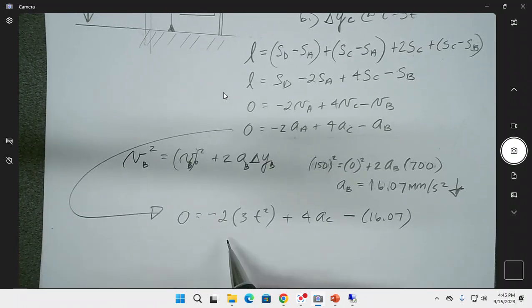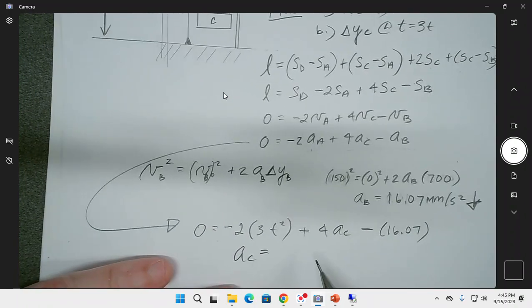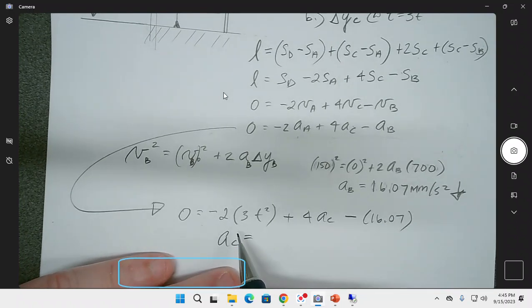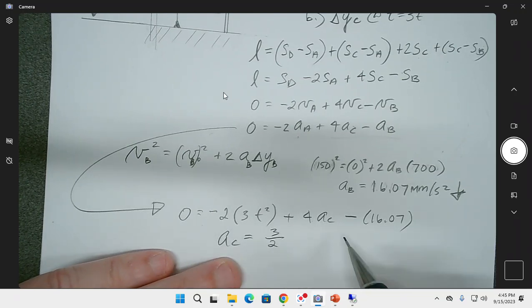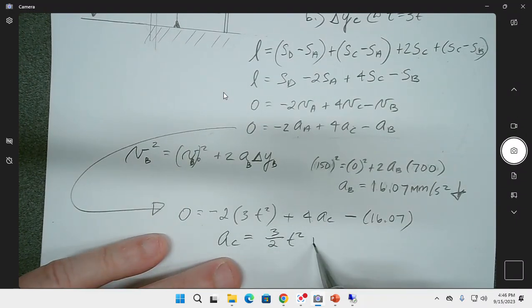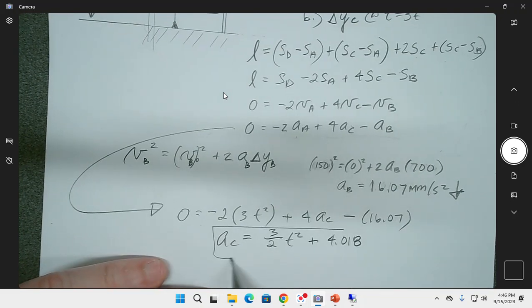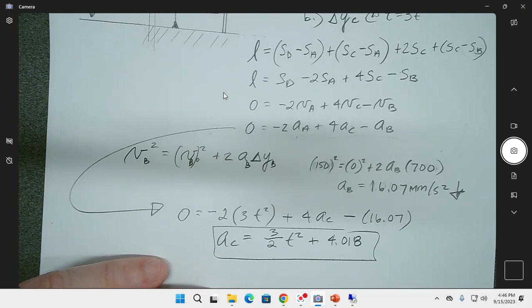So you could solve for AC, and that's going to be, let's see, 6 over 4, is that 3 halves? 3 halves t squared, plus, and then divide this by 4, you get plus 4.018. Okay.